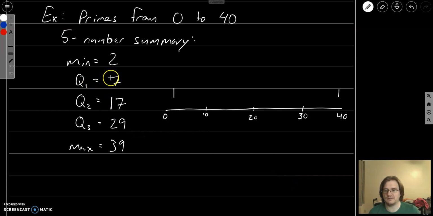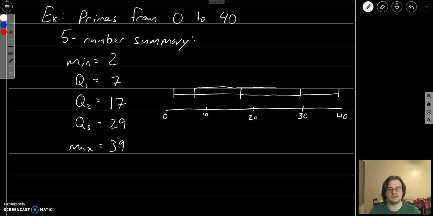Our maximum value is 39, which is pretty close to 40. Our first quartile was at 7, so maybe 7 is about here. The second quartile is at 17, so maybe 17 is about here. And then the third quartile is at 29, so really close to 30. So what we'll do is we'll draw a line from the minimum value to the maximum value, and we have a box that extends from the first quartile to the third quartile.